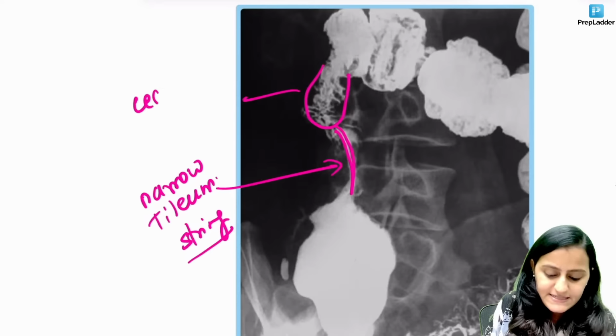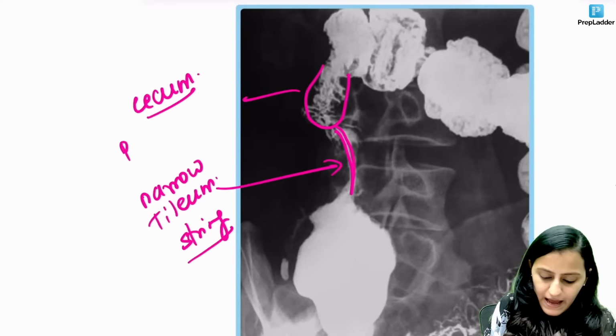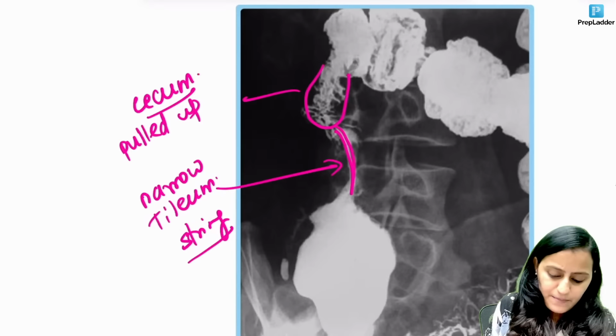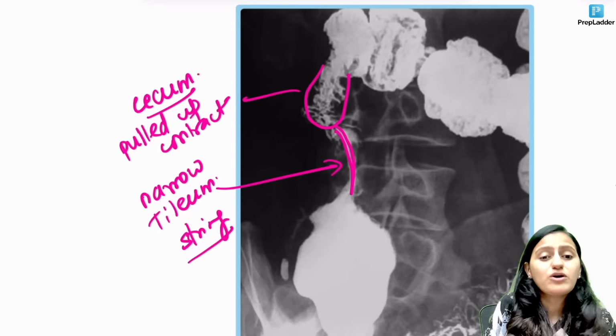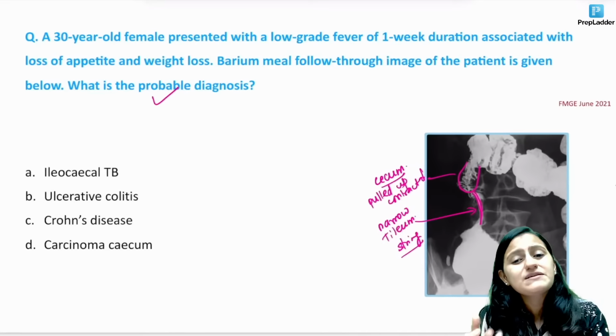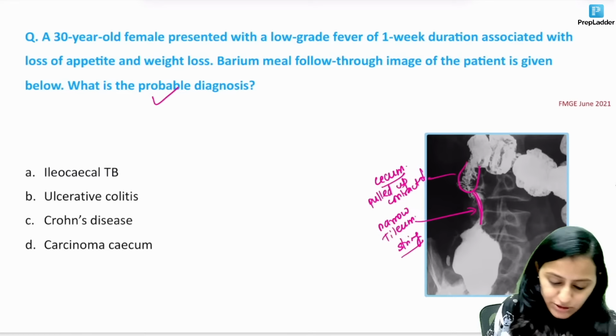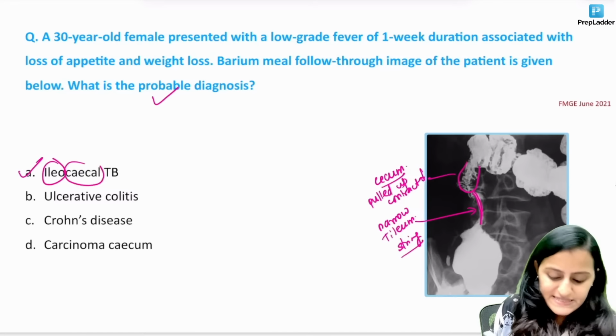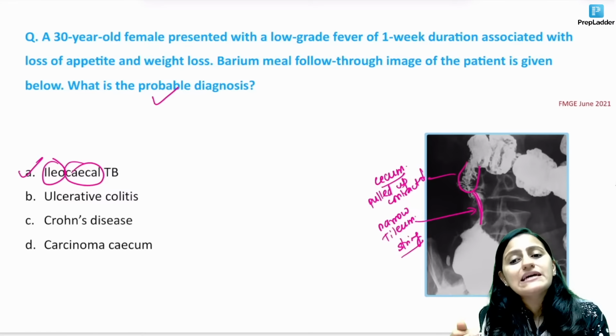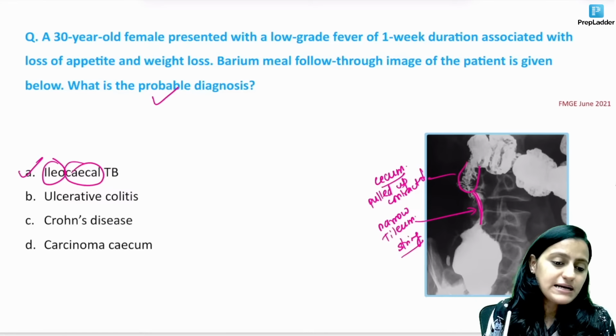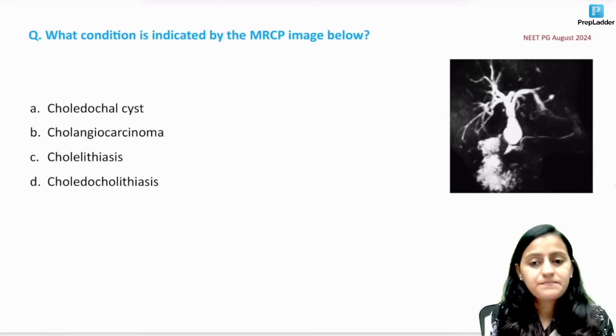And this is the cecum, which is pulled up and contracted because of the fibrosis. Everything in TB is because of fibrosis. So this is going to be ileocecal TB involving the ileum and the cecum. Okay, so ileocecal TB is what you have there.